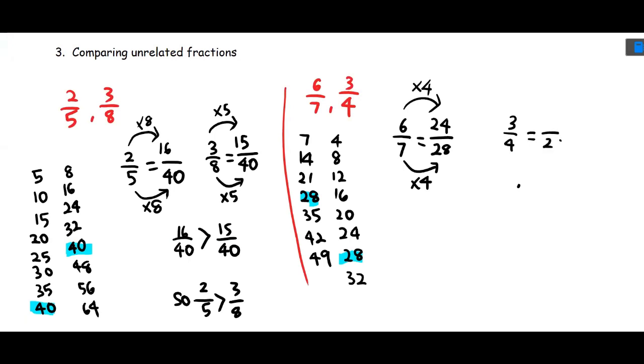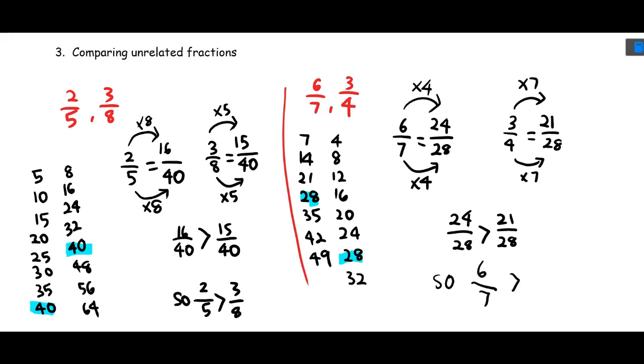To get denominator 28, I need to multiply by 7, which means my numerator, I need to multiply by 7, I get 21. Okay, so I have this. Because my denominator is the same, I only compare my numerator, and 24 is greater than 21. And my final conclusion is 6/7 is greater than 3/4.